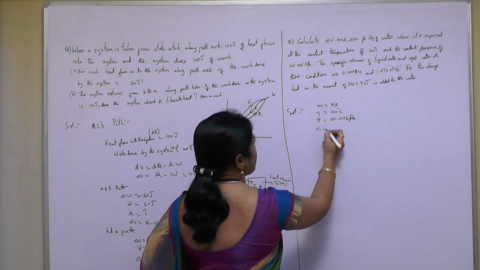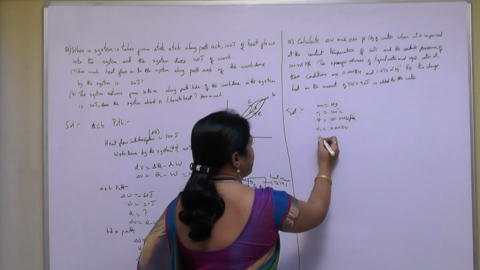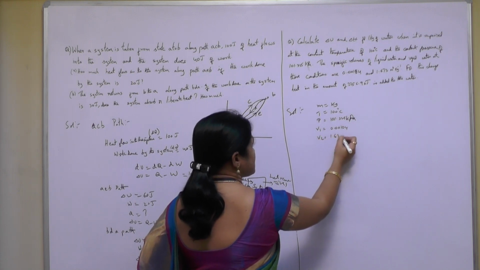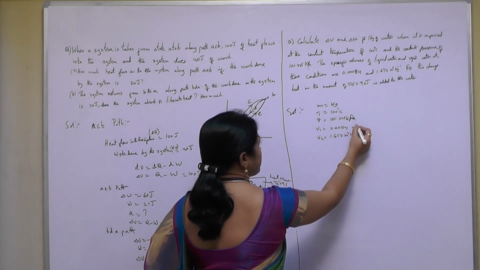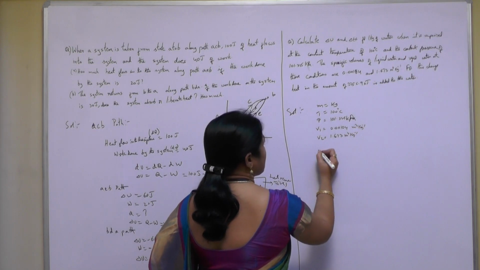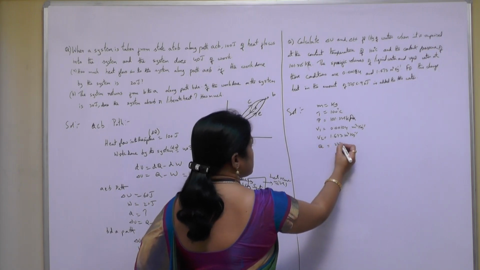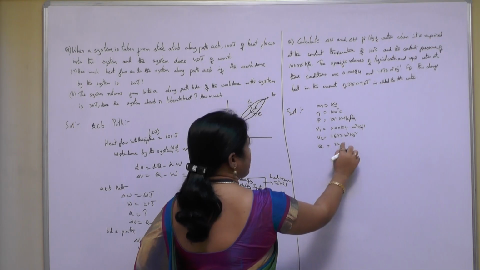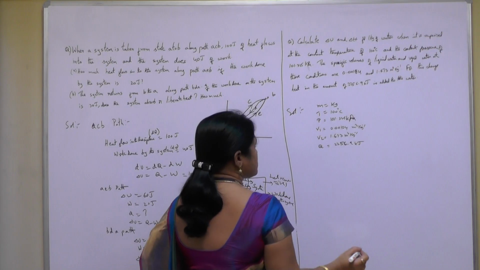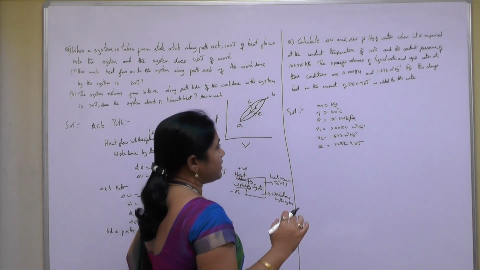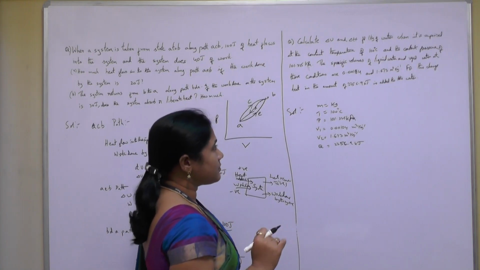Then V1 is 0.00104 and V2 is 1.673 meter cube per kg, and heat added is 2256.9 kilojoules.